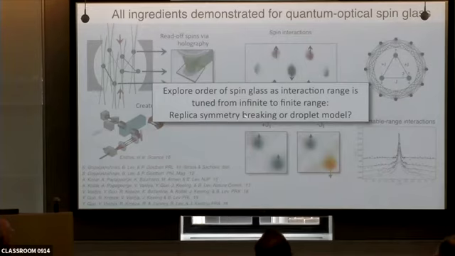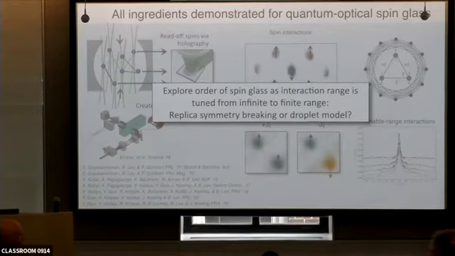But nevertheless, we don't understand, when you start breaking some of the linkages and go to finite range, whether that scenario persists or whether you get some other bizarre type of scenario. No one's really been able to address that. And we can actually experimentally make the same Jij matrix each time, make replicas, and compare them in system sizes that are not possible otherwise numerically. So that's what we're excited to do.